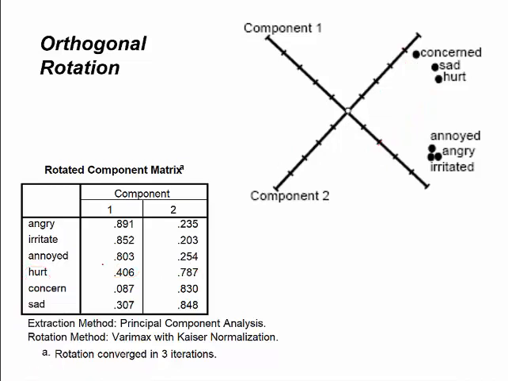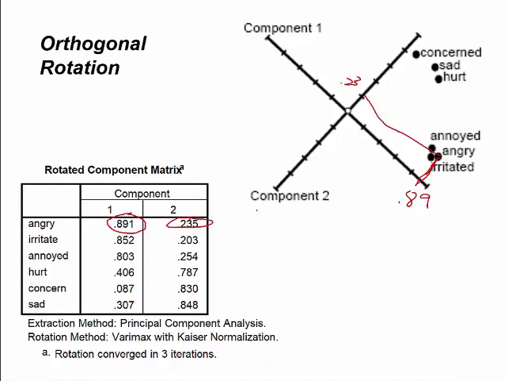Or if we look at angry, angry had a really high score on component 1. Angry had a score of 0.89 on component 1, and somewhat of a lower score on component 2 at 0.235.